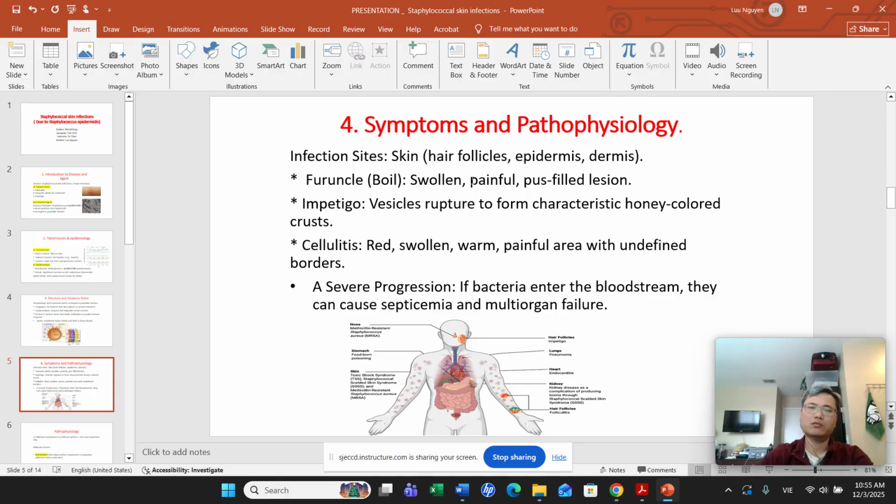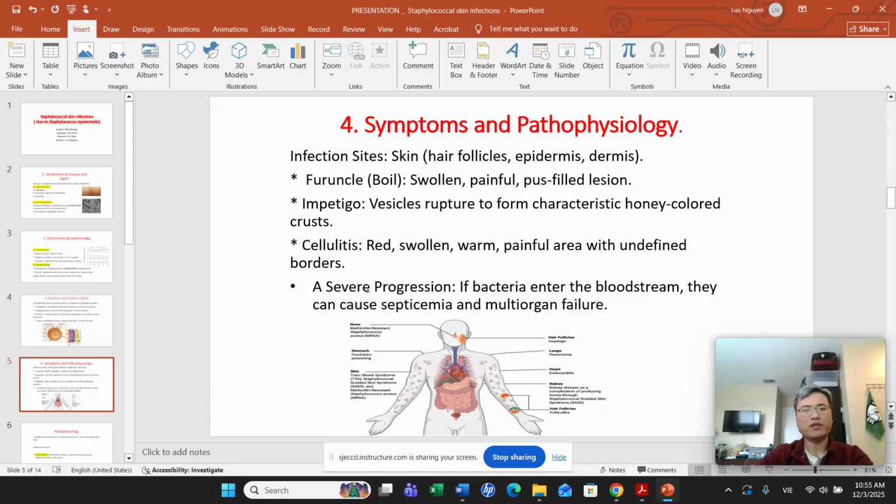This is a swollen, painful, pus-filled lesion. The second one is impetigo. This is a vesicle that ruptures to form a characteristic honey-colored crust. And the last one is cellulitis. This is a red, swollen, warm, painful area with an undefined border.